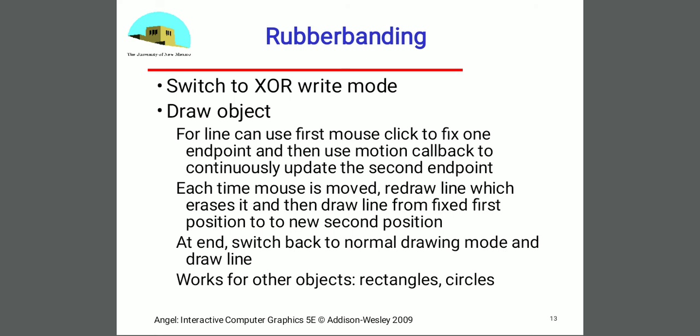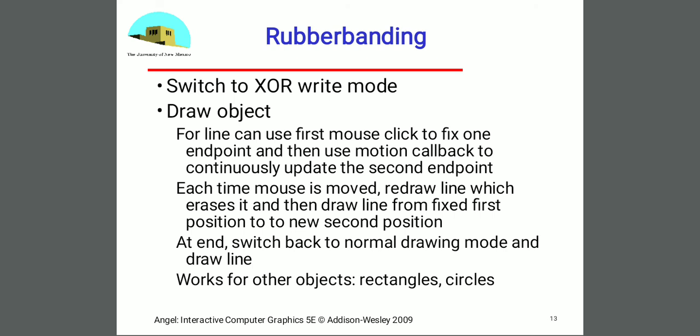So draw the object. You see the slide. For a line we can first use a mouse click to fix one endpoint and then use the motion callback. You have done one click, then you have not given the second click. Simply you are dragging. That is the motion callback to continuously update the second endpoint. You may not end with the second endpoint. You may continue with a third, fourth, fifth, like that.